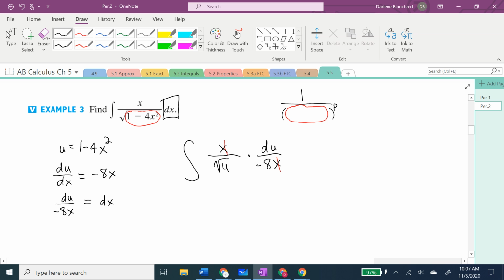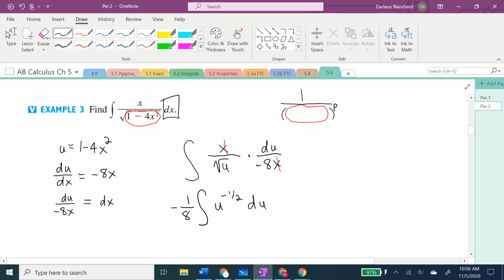-8 in the denominator. That's just creating a constant multiple of -1/8, and I can always just suck that right out of the integral sign. 1 over root u can be written as u to the -1/2 power.